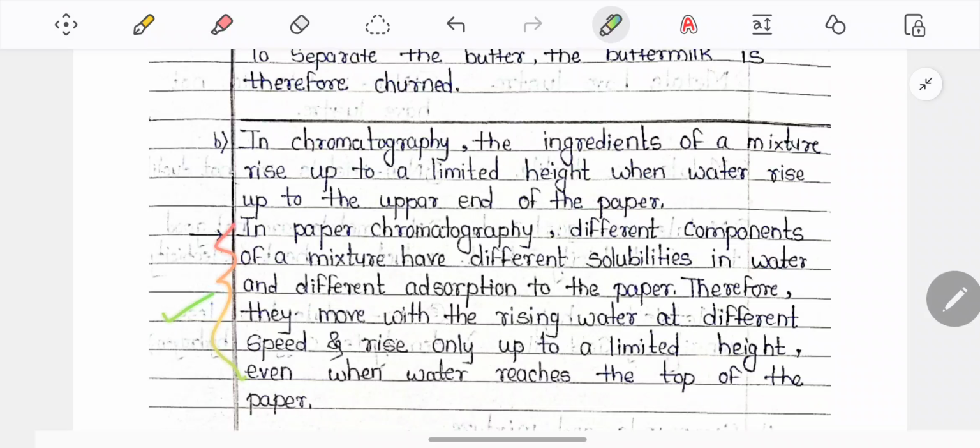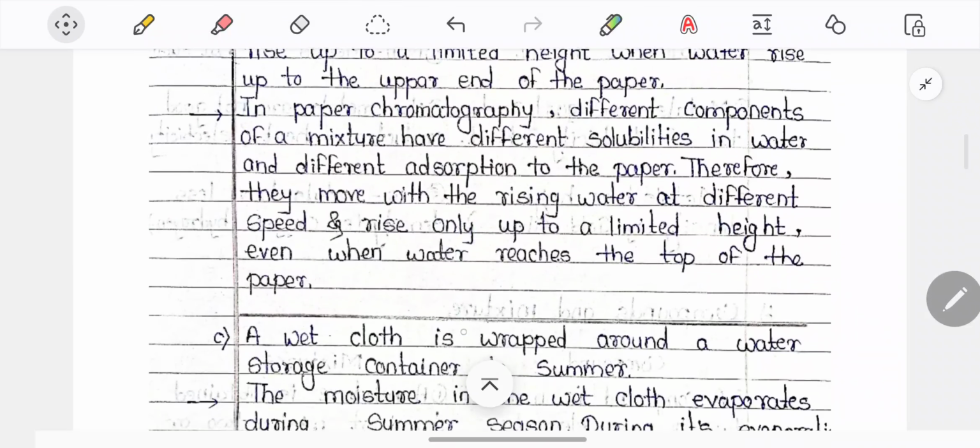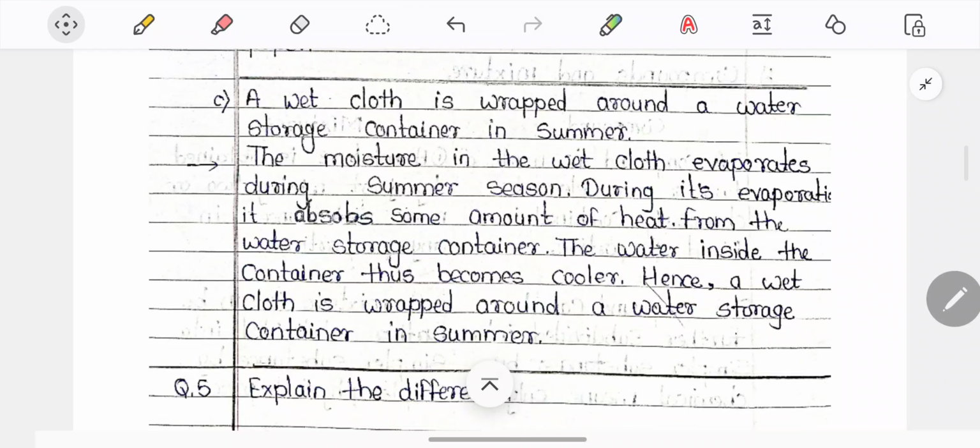Here we have given the very short and exact answer. You can write and learn the given reason. Question C: a wet cloth is wrapped around a water storage container in summer. And here is the answer.